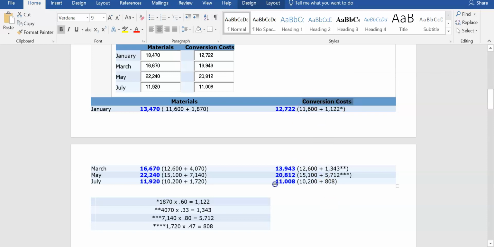Conversion cost, 10,200 completed and transferred out, 100% complete with respect to conversion, and 1,720 units in process at the end of the period that are 47% complete with respect to conversion cost. Total equivalent units of 11,008.